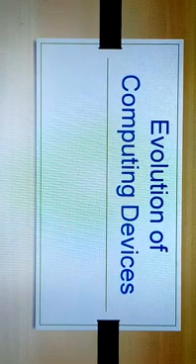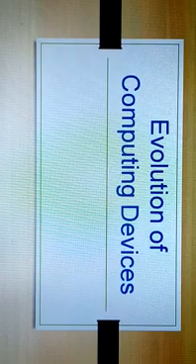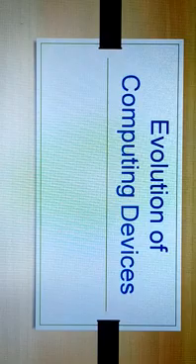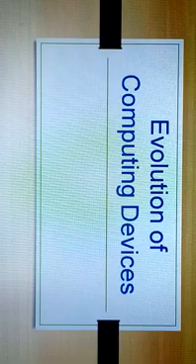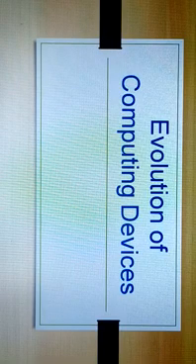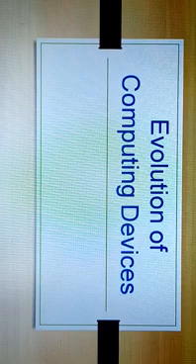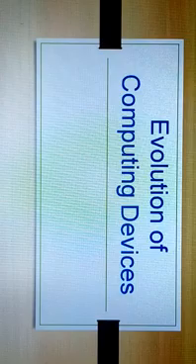In fact, before Blaise Pascal's machine, in 1617, John Napier developed a device which is called Napier's bones. With the help of this device, multiplication and addition were possible.